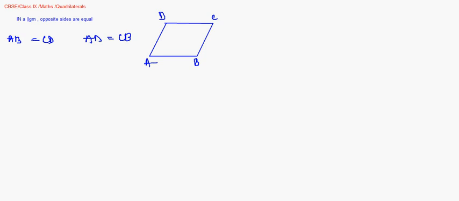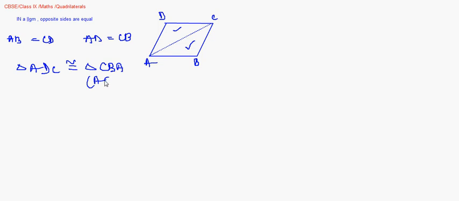Let us draw a diagonal. In the previous theorem, we have proved how these two triangles are congruent. I am not repeating the congruency equalities. By ASA, we had proved the congruency of triangle ADC with triangle CBA.